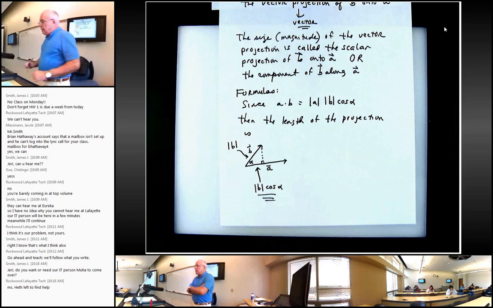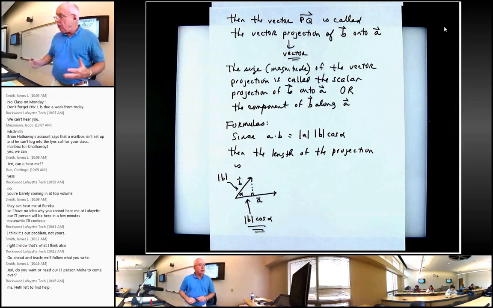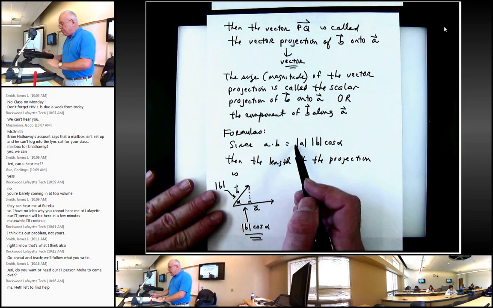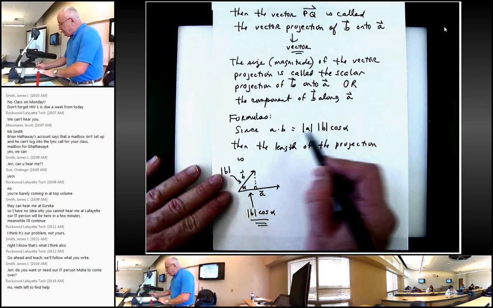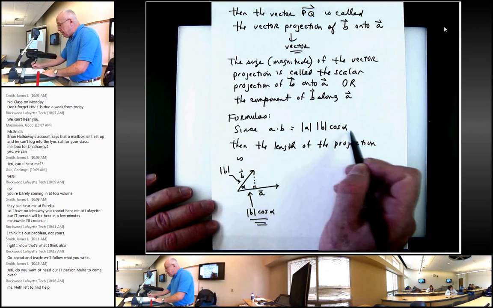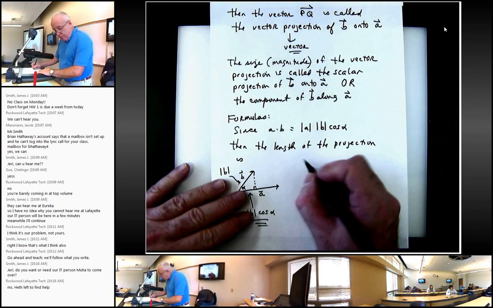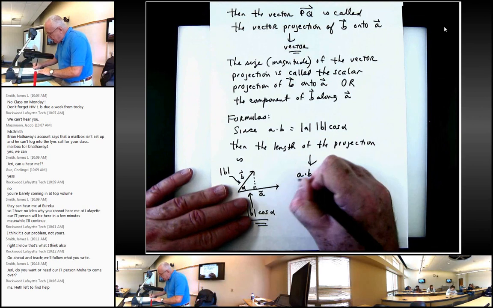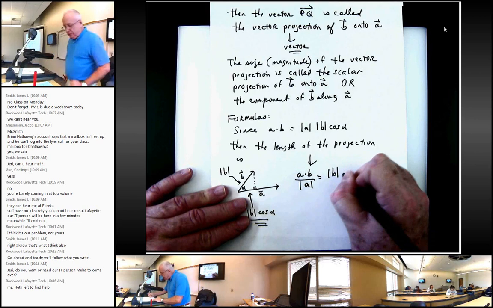Let's write that a little bit differently by using our dot product formula. Our dot product formula says that A dot B is the magnitude of A times the magnitude of B times the cosine of alpha. If I divide both sides of this equation by the magnitude of A, I will have isolated the magnitude of B and the cosine on one side. So this gives us A dot B divided by the magnitude of A is equal to the magnitude of B times the cosine.